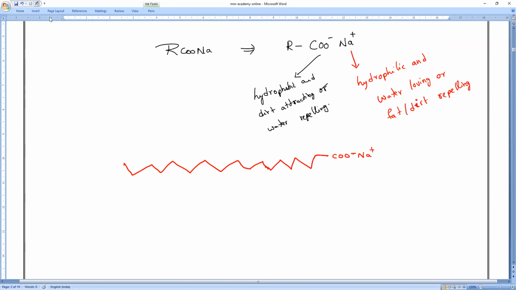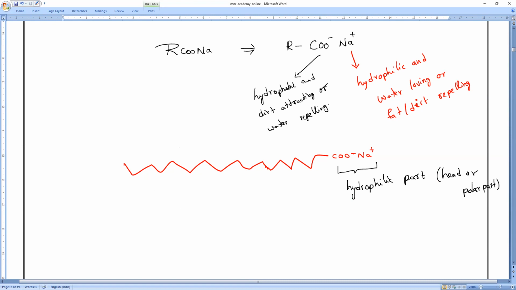If you notice here, this is what we call the hydrophilic part, or we can say the head, or the polar part, which is soluble in water.